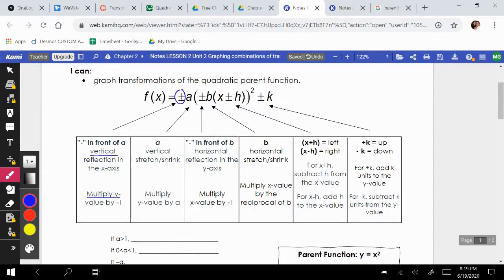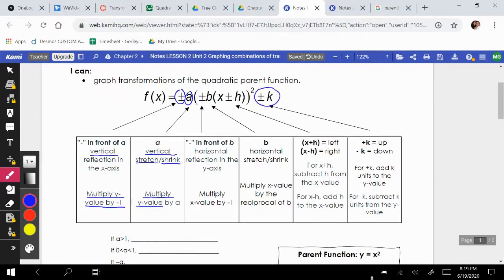So we're going to be multiplying our y values by -1. If we are looking at A, that is a vertical stretch if A is bigger than 1, and a vertical shrink if it's less than 1 but bigger than 0. Again, it's outside parentheses, so it's vertical, which means we're going to multiply y values. Remember, your vertical axis is your y-axis.